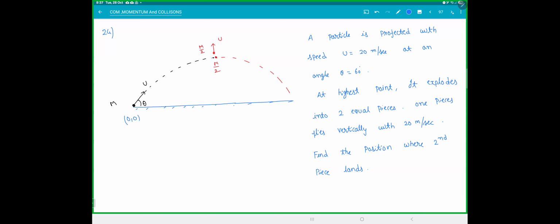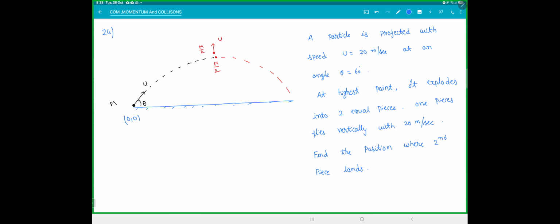Root 3. Okay, let's see. How do we do this?